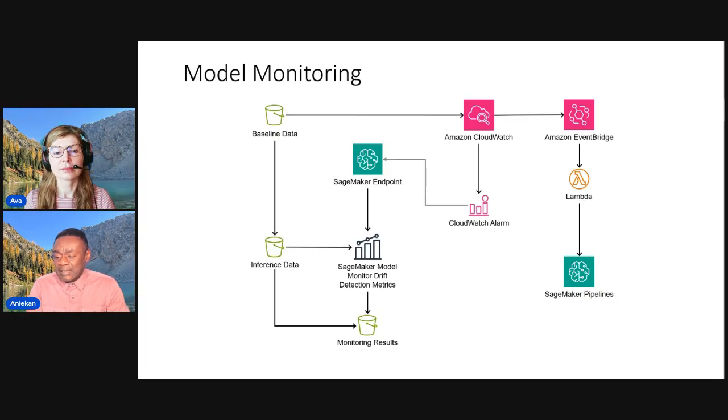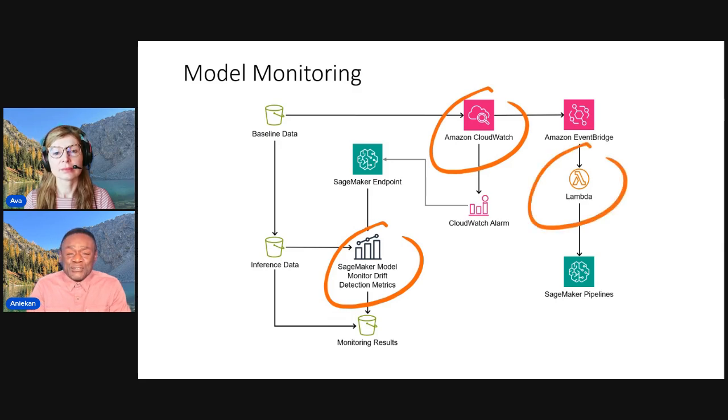Then you have CloudWatch, for example, tracking metrics, and then maybe there's some Lambda functions to automatically respond to issues, like if you need to retrain the model. So you'd have Lambda kick off something like SageMaker Pipelines to retrain and redeploy the model when drift is detected.